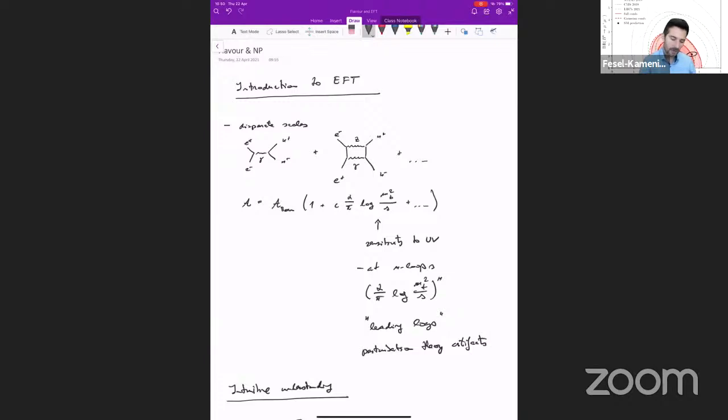We thought of this as an expansion around the Born amplitude for e+ e- to mu+ mu- by a single photon exchange. However, in the effective field theory perspective, it's actually a different expansion. The starting point of the second diagram would not be that there is a Z correction to the photon exchange, but that there is a photon correction to the Z exchange.